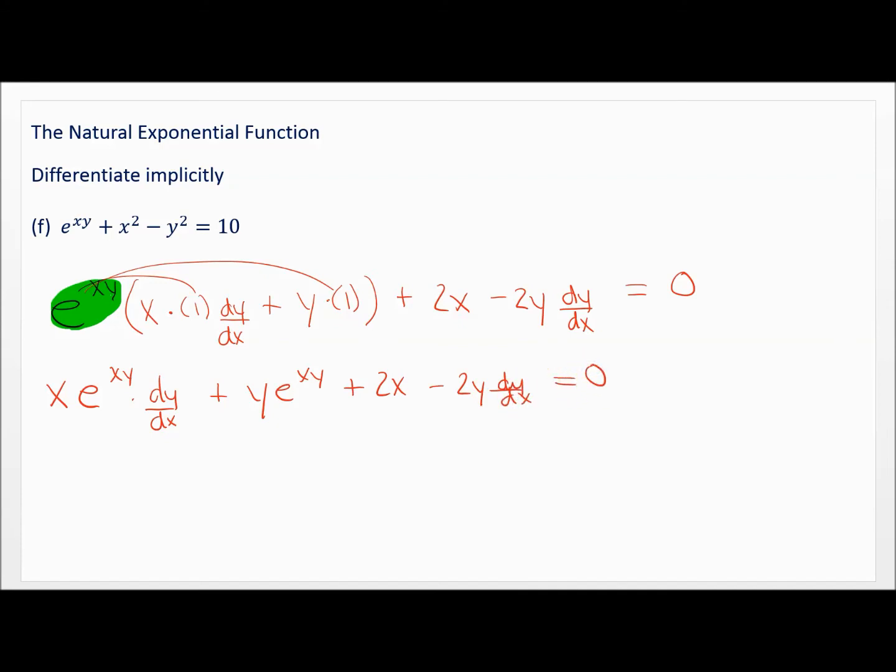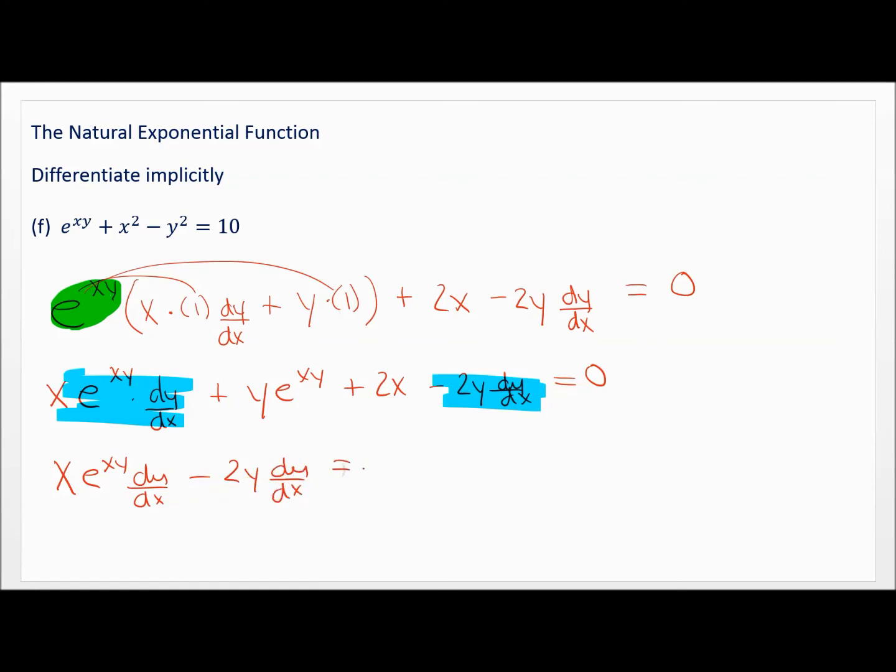Now what I have here is a dy over dx term here and a dy over dx term here. I'm going to leave those two on the left side of the equation, and then I'm going to move the terms that don't have a dy over dx as a factor onto the other side of the equation. So now I have x e to the xy dy over dx minus 2y dy over dx.